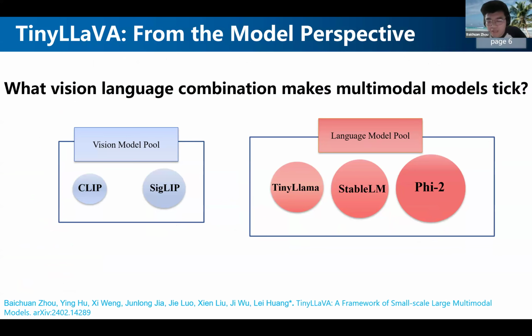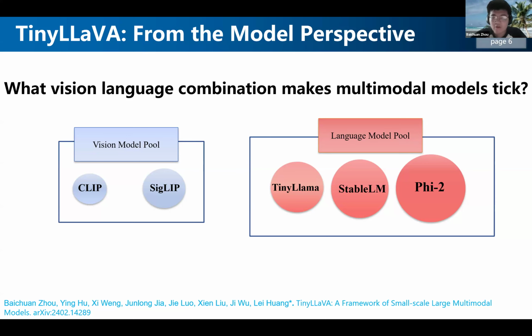So in this part, I would like to talk about the 3 primary design axes of our LMMs exploration with TinyLLaVA. To build efficient and proficient multimodal models, we first want to explore different choices in the vision and language backbones. We want to know what kind of combination of vision and language models make our final multimodal models tick.